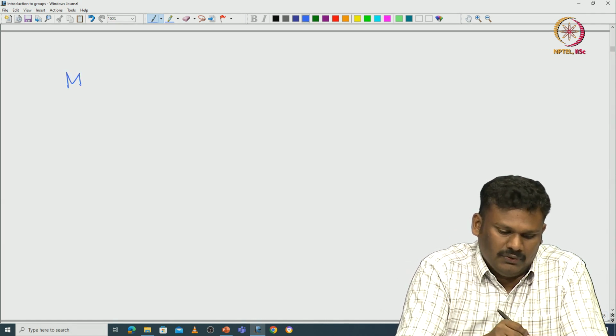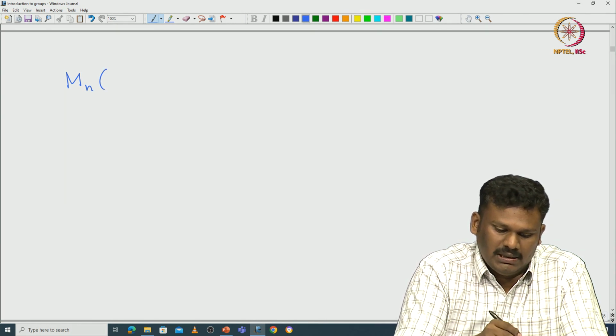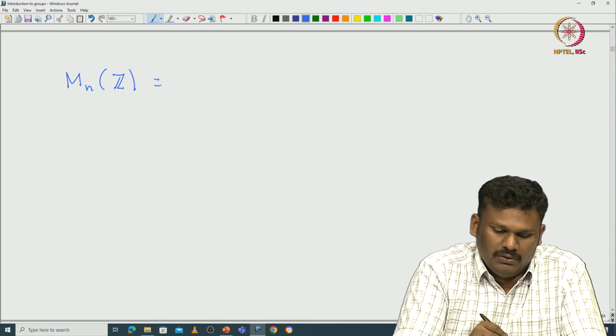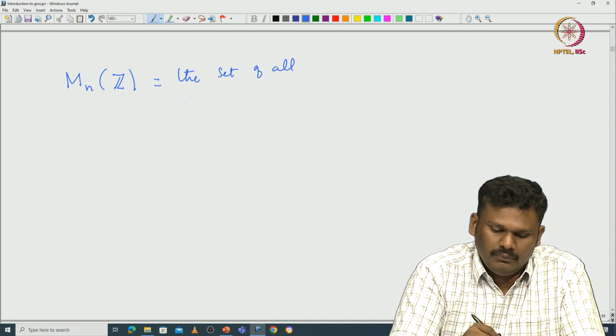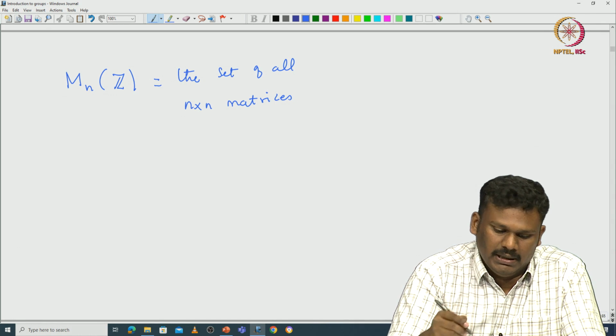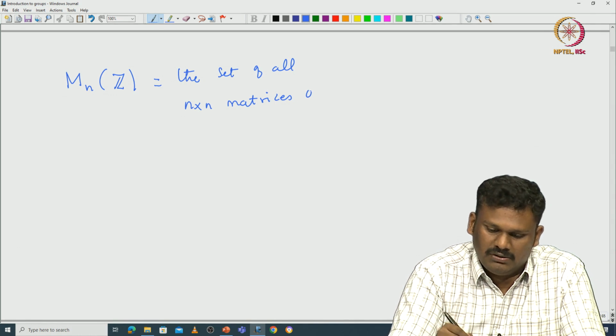For example, you can take the set of all n by n matrices even over integers. If you take M_n(Z), which is the set of all n by n matrices with integer entries, that means we say over integers.